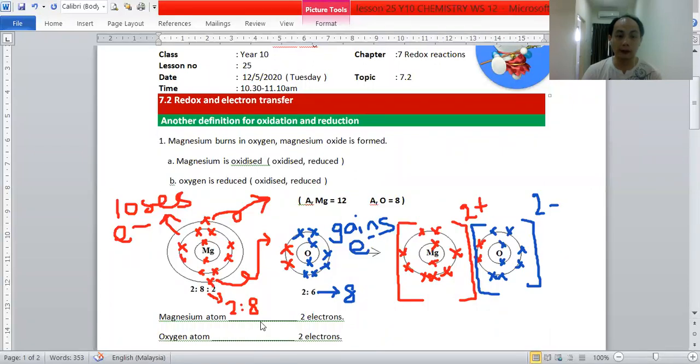So far, no problem. Magnesium loses 2 electrons, and losing electrons is considered oxidation. While oxygen gains 2 electrons, so it experiences reduction. Okay, I stop here for a moment.